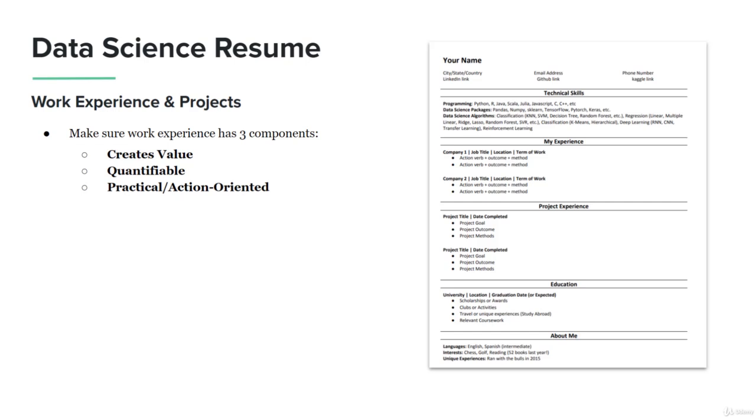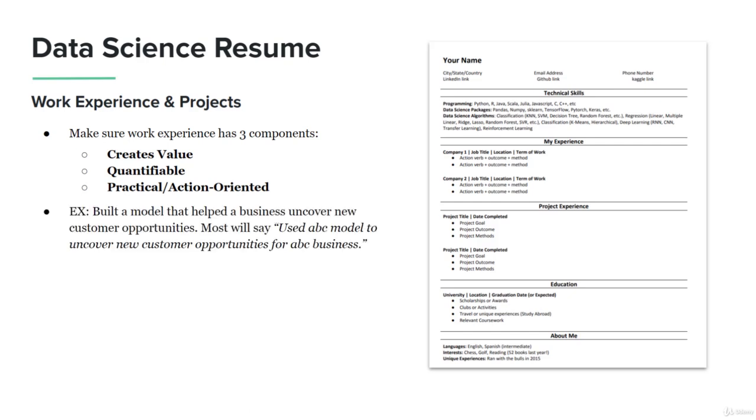So if you don't showcase that it created value, that it's quantifiable, that it's actually being used in a practical, real-world kind of scenario, then it's going to be very hard for the recruiters to take you seriously, right? Because you want to make it easy for them to move you on to the next stage. And so that's how you're going to make sure that you're hitting the check boxes, right?